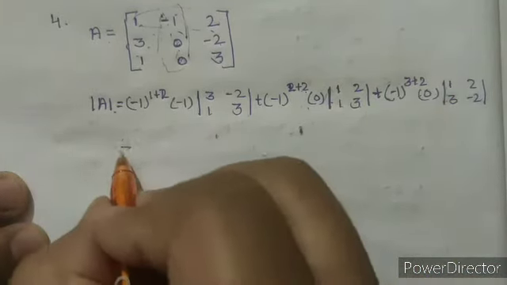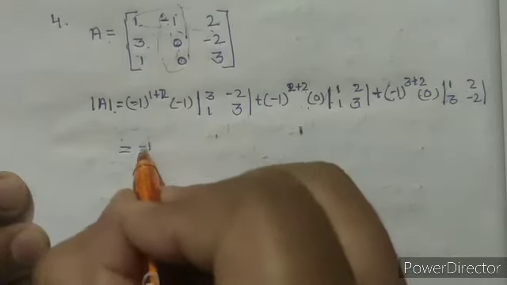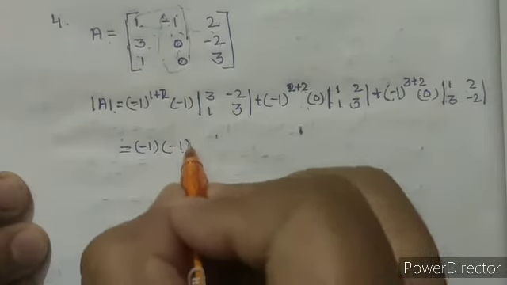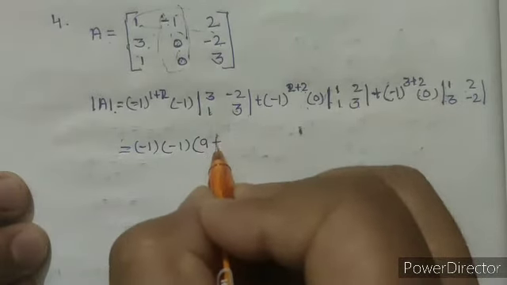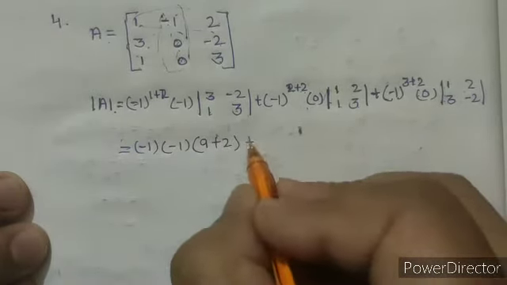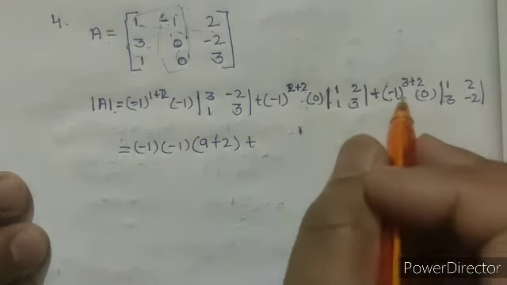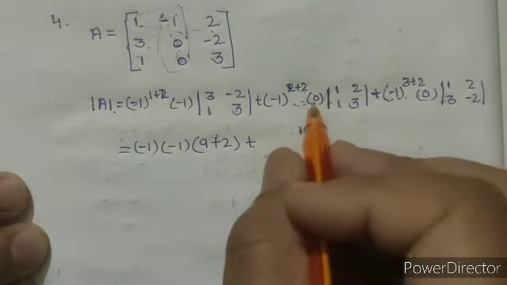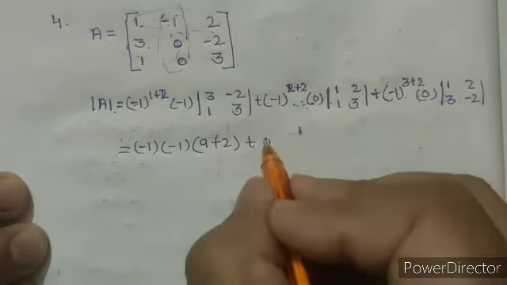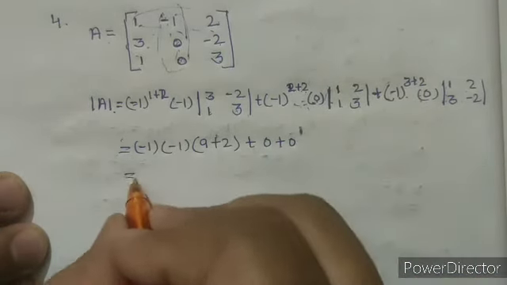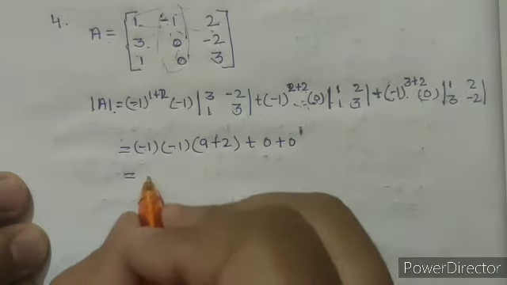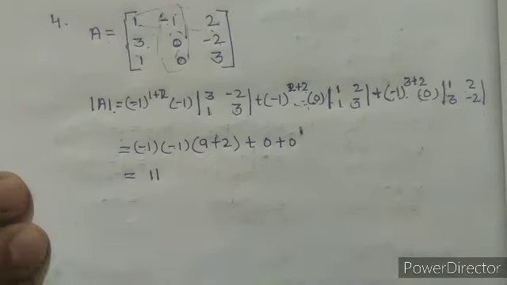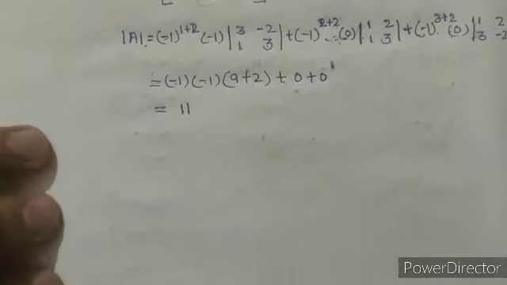Now this will give us minus 1 raised to power 3, which is minus 1, into minus 1 into the determinant of 3 minus 2 1 3, that will be 9 plus 2. Plus, now here these two elements are multiplied with 0, so they will give us 0. 9 plus 2 will be 11, 11 into minus 1 into minus 1 will be equal to 11. So 11 is the determinant of the matrix A.